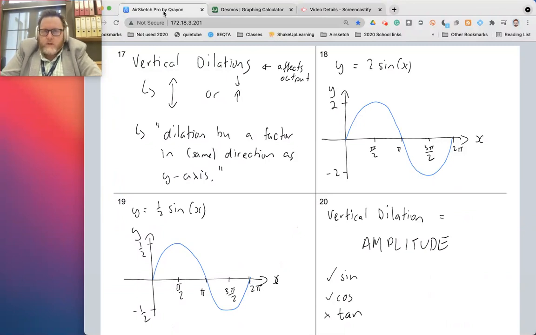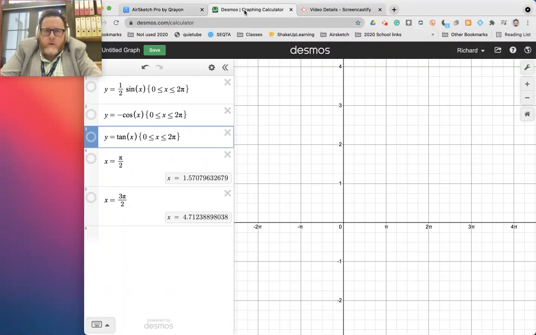is good for sine, good for cosine. And in terms of calculating the amplitude, I think I said this before, so just to remind you, what I'm really doing is I'm looking at the height between the maximum and the minimum. So in this instance, there's a height of 1 between here and here, and then I halve it to get a half.